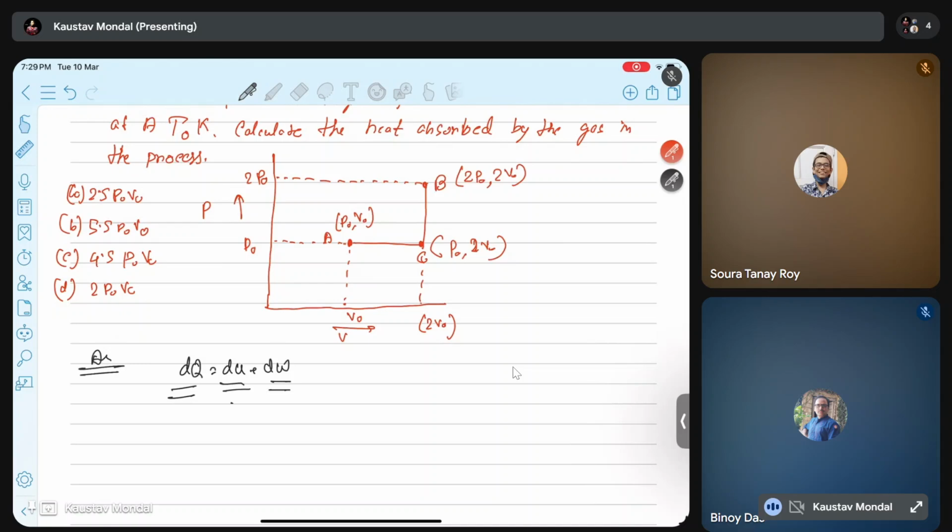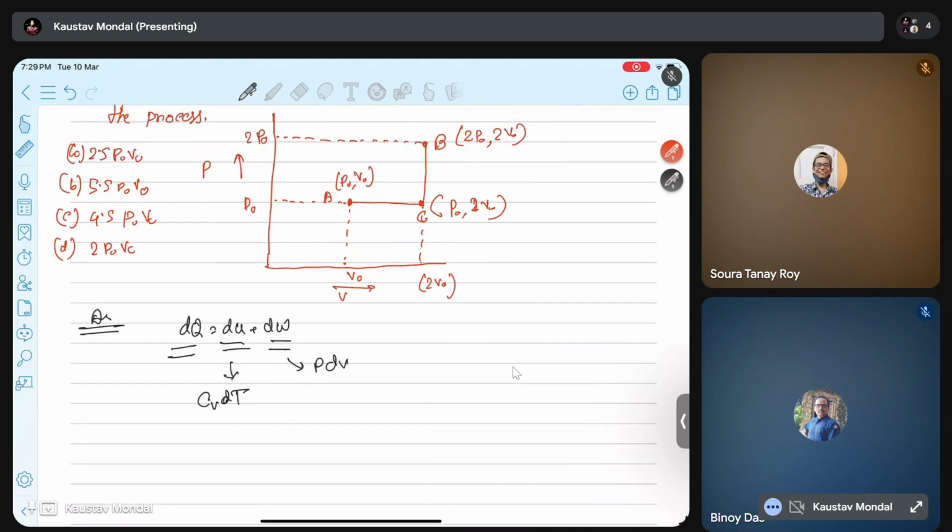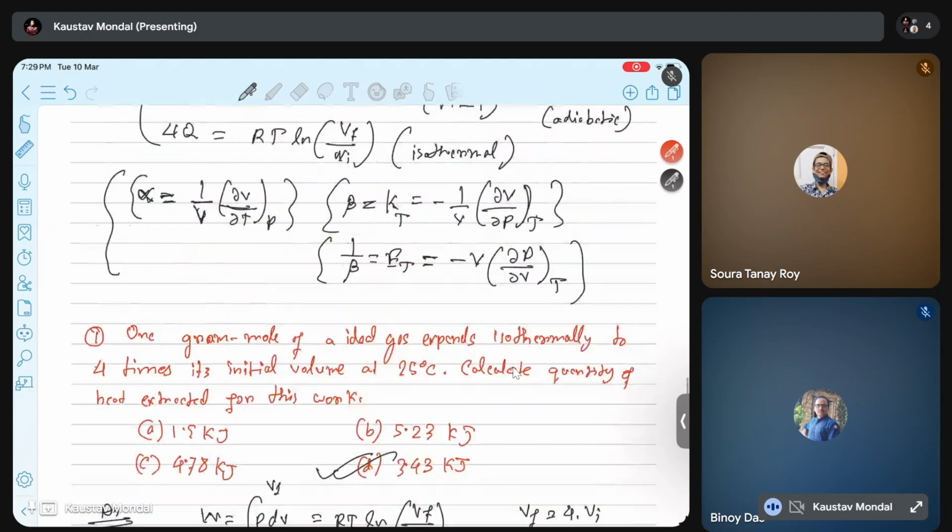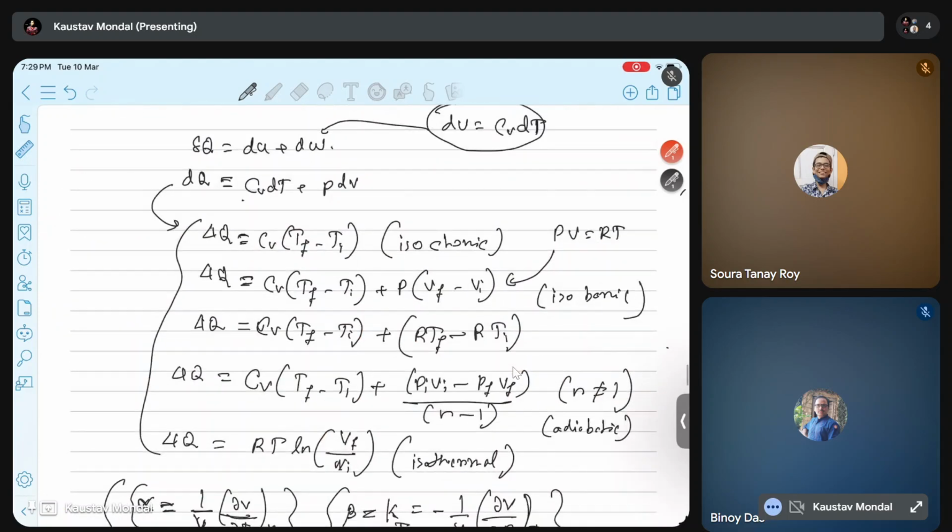We know the formula for dU is Cv dT, and for dW the formula is P dV. Now we have already shown for some of the cases, isochoric, isobaric, adiabatic, isothermal, how the expression of delta Q looks.